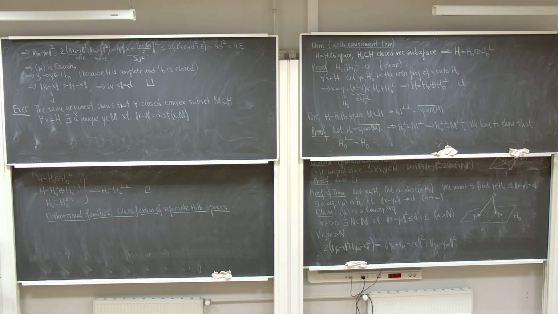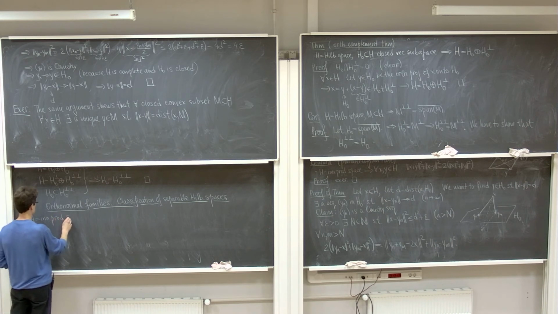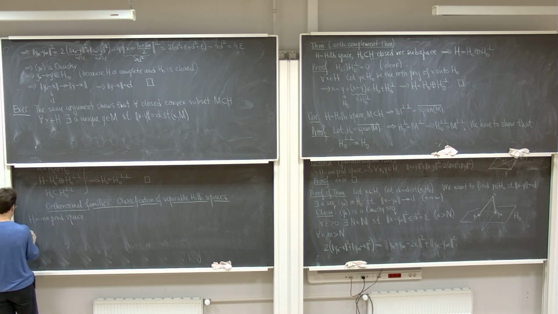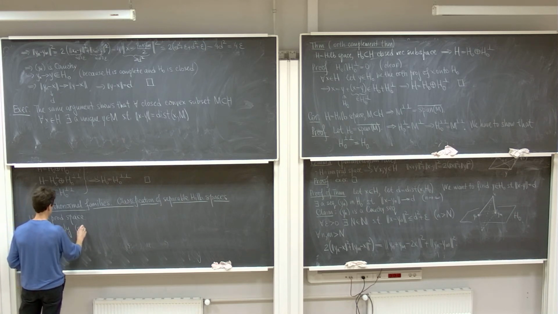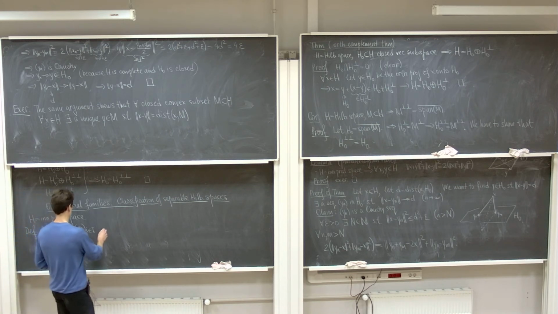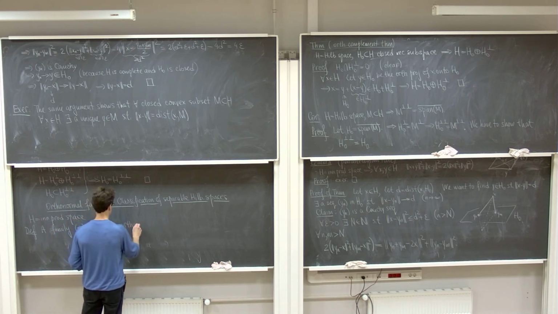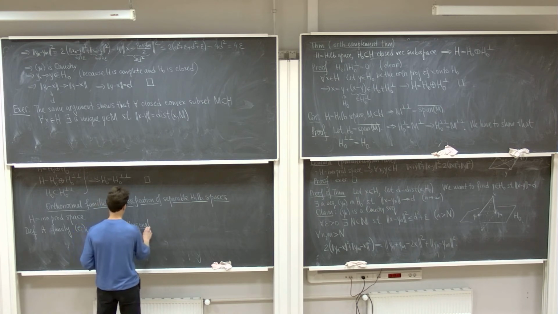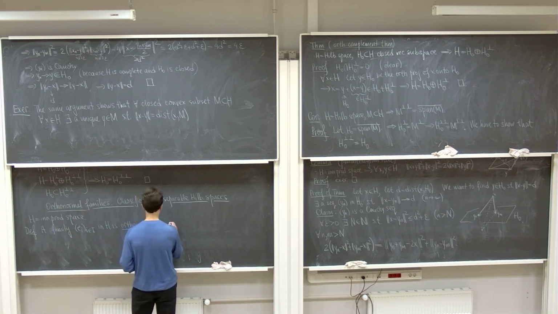Okay, let's give the definition of an orthonormal family. Suppose that H is an inner product space. Then a family of elements e_i, indexed by some set I, in H, is orthogonal if the vectors e_i are pairwise orthogonal to each other.